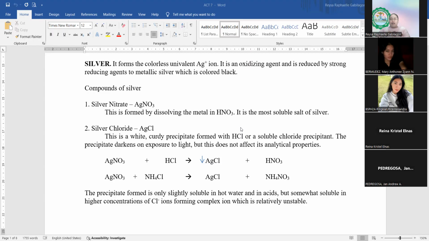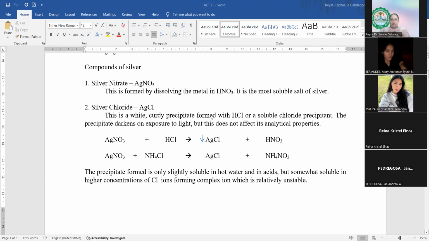It is the most common compound of silver because it is easy to make in the laboratory, and at the same time it is the most soluble salt of silver.